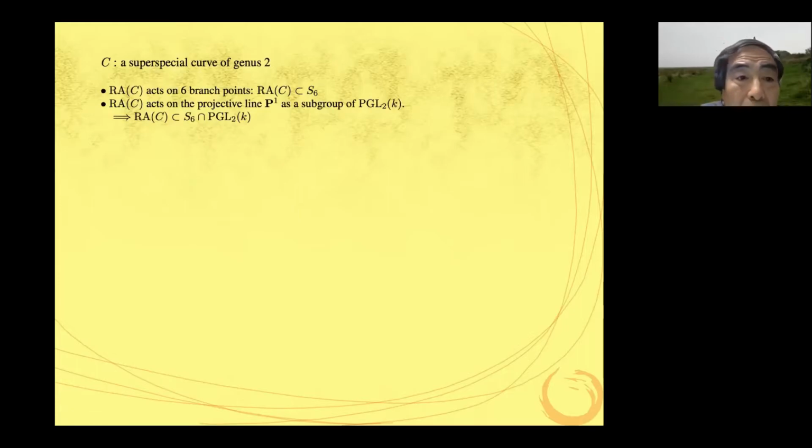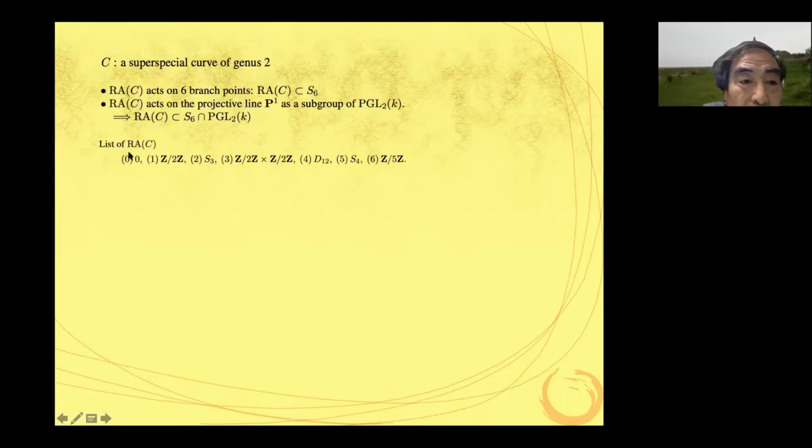And also the reduced automorphism group acts on the projective line P1. So this is a subgroup of PGL2(K), the automorphisms of P1. So this reduced automorphism group is a subgroup of this group.